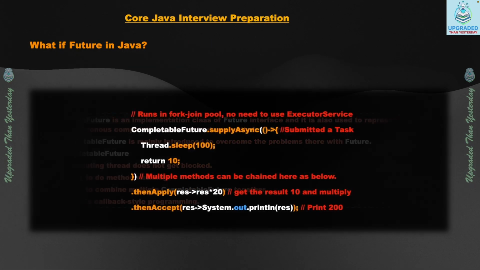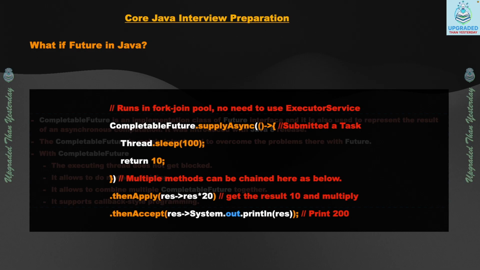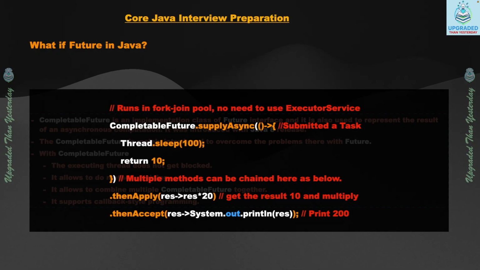Let's understand the code. Unlike the Future interface, it does not use ExecutorService for multithreading. It uses the ForkJoinPool. CompletableFuture has a static method called supplyAsync, which helps to create a task.